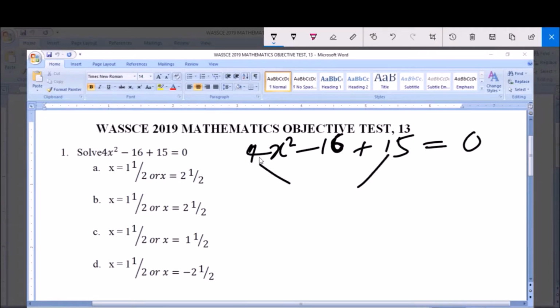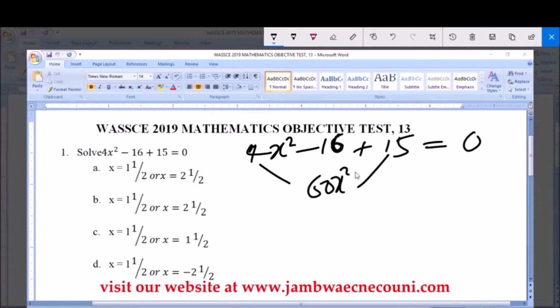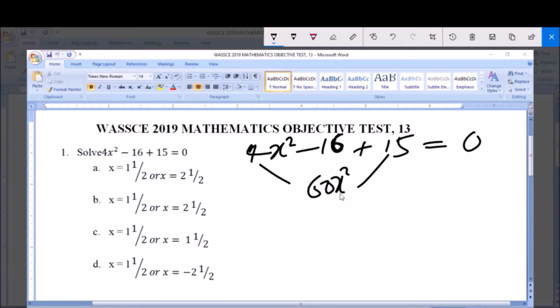If you multiply 4 times 15, you have 60x squared. So what we are looking for is two numbers that will multiply to give us 60x squared, and if you add them, they will give you minus 16x.